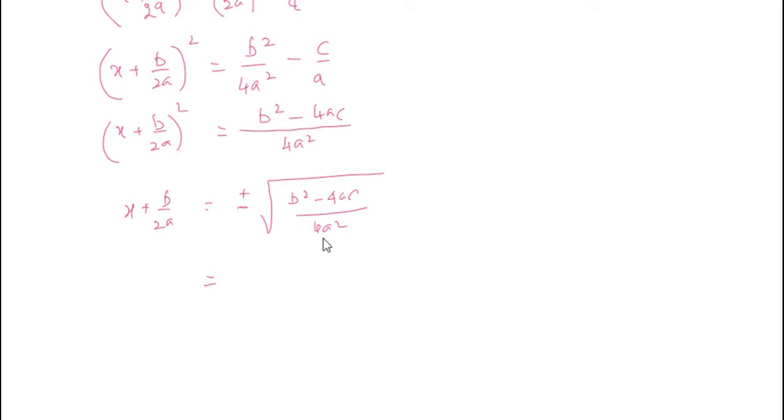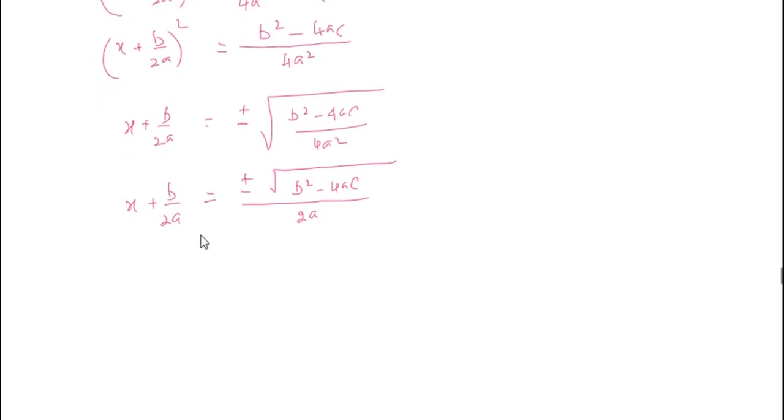You can take 4a square out of the square root, it becomes plus or minus square root of b square minus 4ac divided by 2a, that is equal to x plus b divided by 2a.